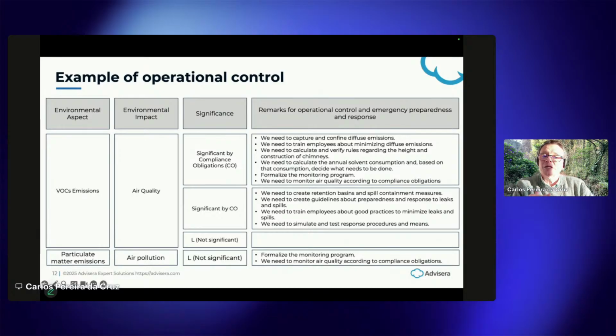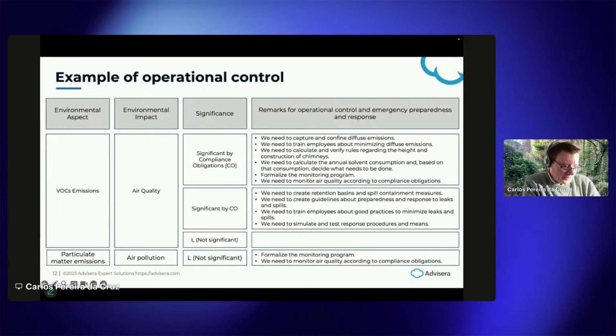Currently, the company is not doing that, one of the reasons they are not complying with legislation. We need to train employees about minimizing diffuse emissions. We need to calculate and verify rules regarding the height and construction of chimneys. There are some rules regarding the minimum height for the chimneys, and they didn't know if they were complying with that, yes or no, and if the chimneys were built according to the rules.